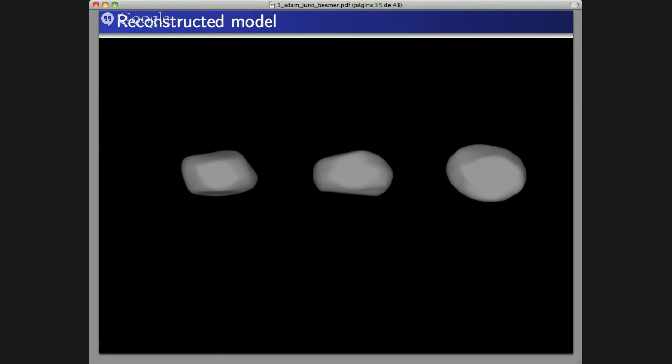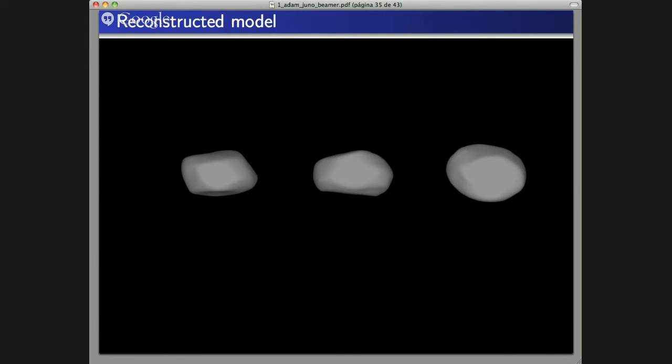So here's the reconstructed model of Juno. We see that the shape is non-spherical. There are some interesting features in the images. Now this shows the model with the images.